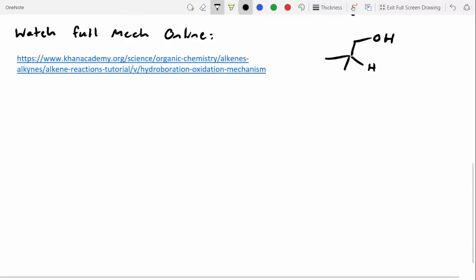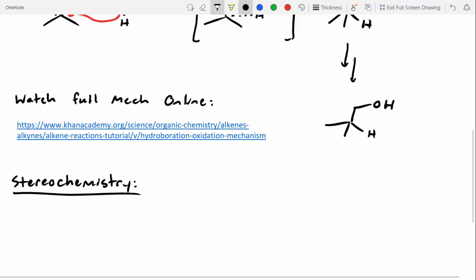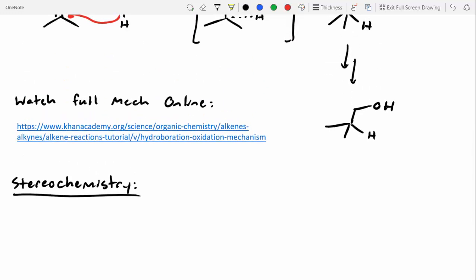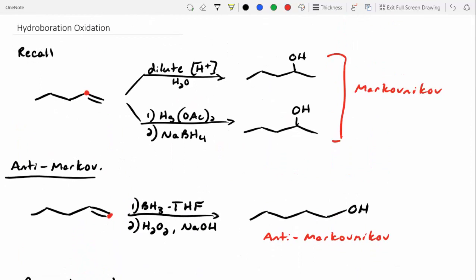All right, we've got to talk a little bit about stereochemistry, though. Yes, with hydroboration oxidation, it will always give you the anti-Markovnikov product. If we want the Markovnikov product, we can use dilute acid or the oxymercuration, demercuration.